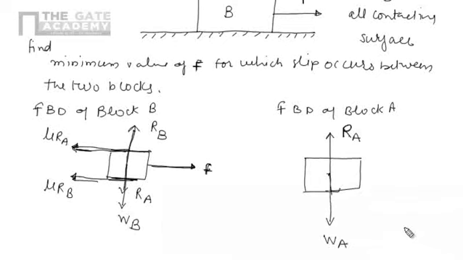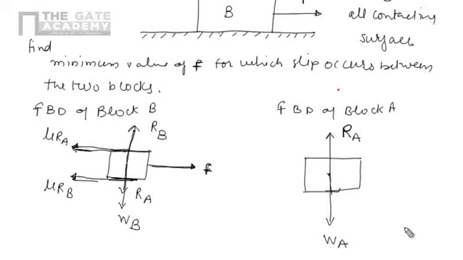And if you see the frictional force in case of RB at the same contact surface, we are representing it here like mu RA. I am again repeating this thing.